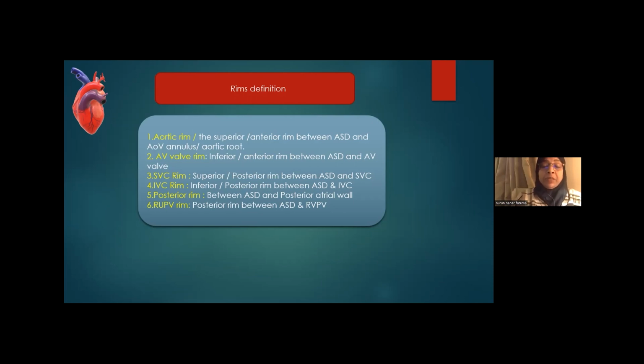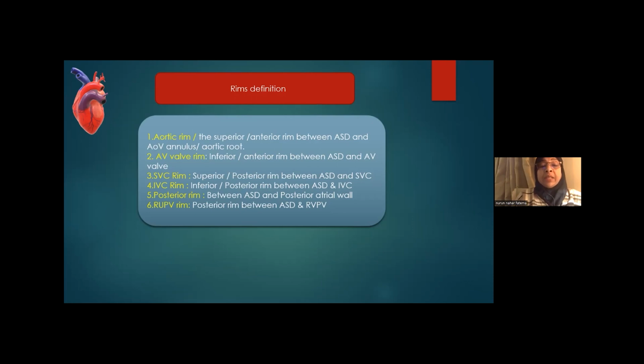Anterior superior is the aortic rim and anterior inferior is the AV valve rim. In the posterior side, it is again divided into 3 parts. Posterior superior is the superior vena cava rim. Posterior inferior is the inferior vena cava rim, and directly posterior is the posterior rim, which is between the atrial septal defect and the posterior atrial wall.